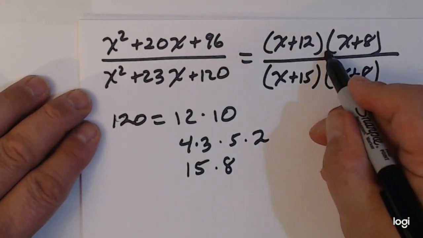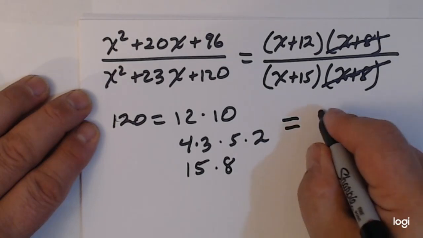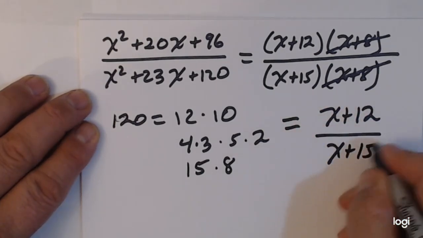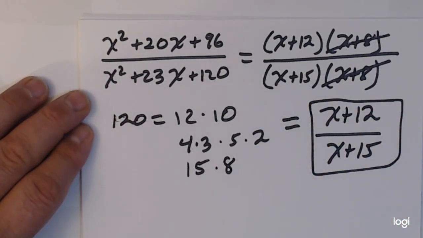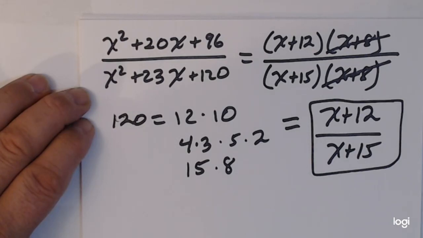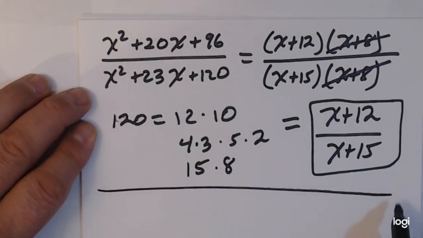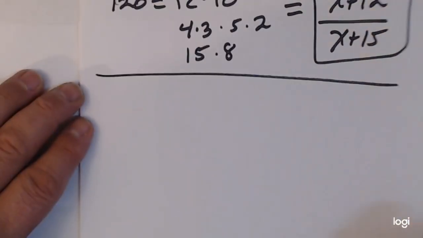So if we do that, the x plus 8s go out, and we're left with x plus 12 over x plus 15. And the difficulty in this one was factoring the denominator, because 15 and 8 are not two numbers you think of right off the bat when you're thinking about 120.